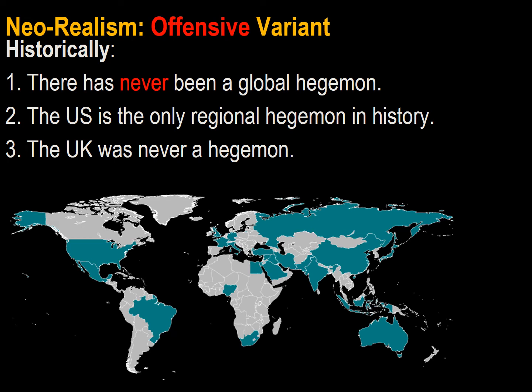This means that the United Kingdom, even during Pax Britannica of the 19th century, when it controlled a very large navy, and at a time when 20% of the world's population lived within the British Empire, even then, the English were not a hegemon. In Europe, they were actually one of the weaker powers. England was not strong enough to conquer either the United States or China. And number 2, the US is the only regional hegemon ever in history.